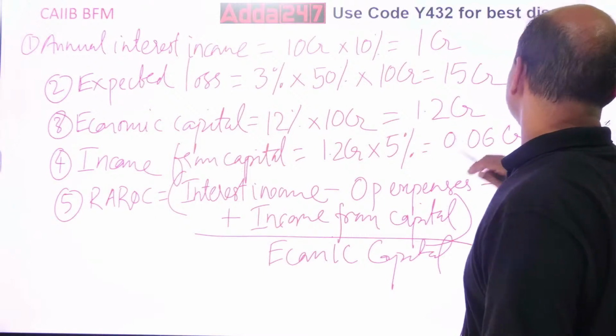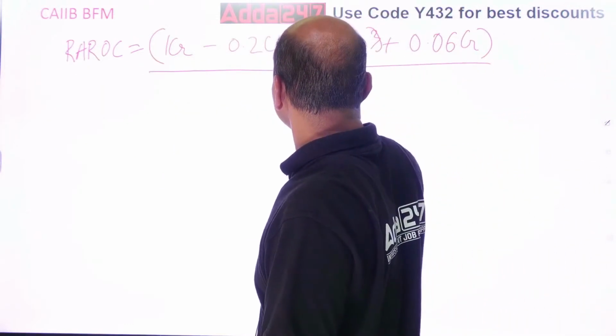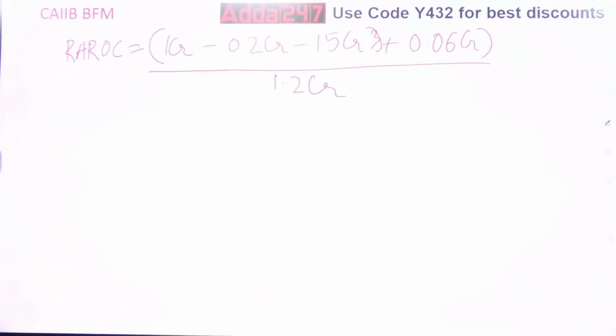What is the economic capital? 1.2 CR. Upon 1.2 CR. Do this now. Let me check if there is some problem over here. 1 CR minus 15 CR is what? Expected loss. One second. What have we done?